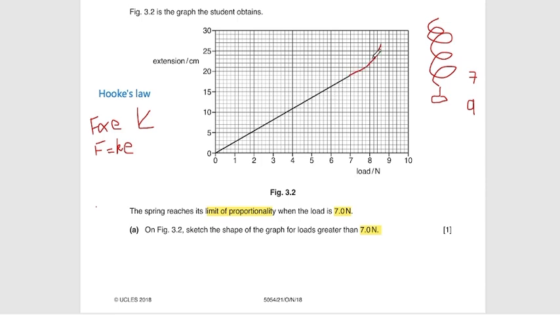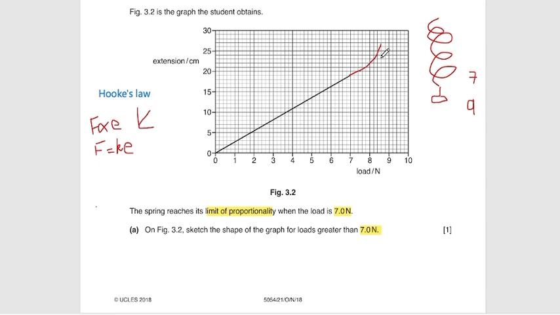It's going to curve in the upward direction, because 7 is the cut-off point. 7 is its limit, after this it's no longer proportional, and so it becomes like this.